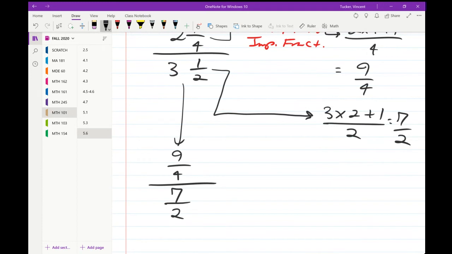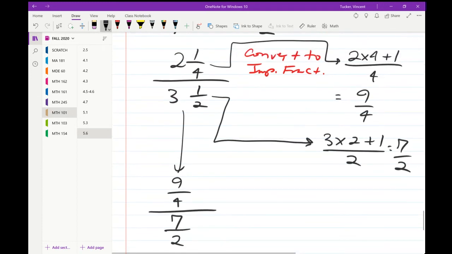Any questions so far? All right, so this is 9 over 4 divided by 7 over 2.